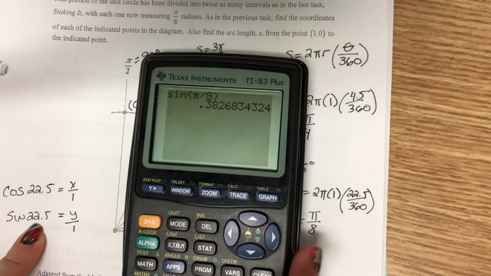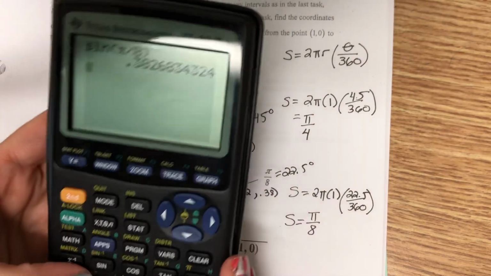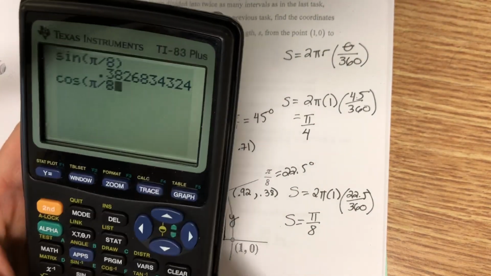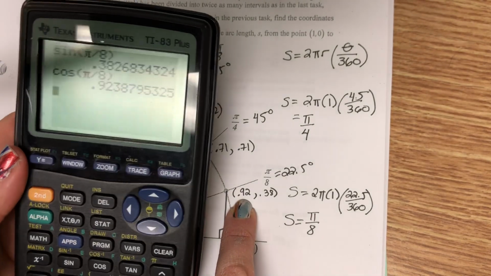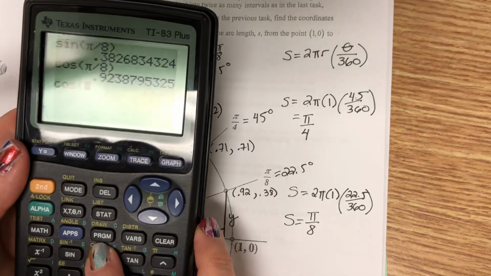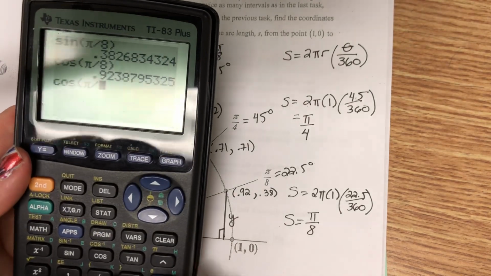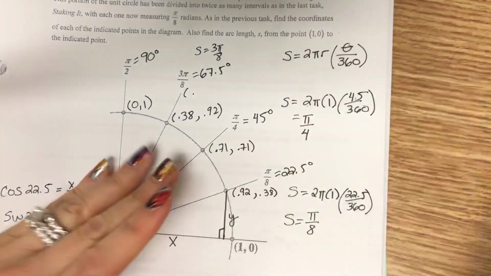Does it? It does. What if we did cosine of pi over 8? It does. Well, let's try pi over 4. It does. It's working.